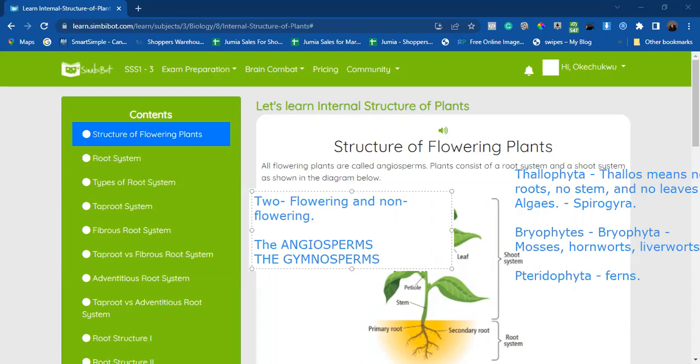So these are two categories of flowering plants. All these thallophytes, bryophytes, and pteridophytes are examples of non-flowering, whereas the angiosperms and gymnosperms are examples of flowering.